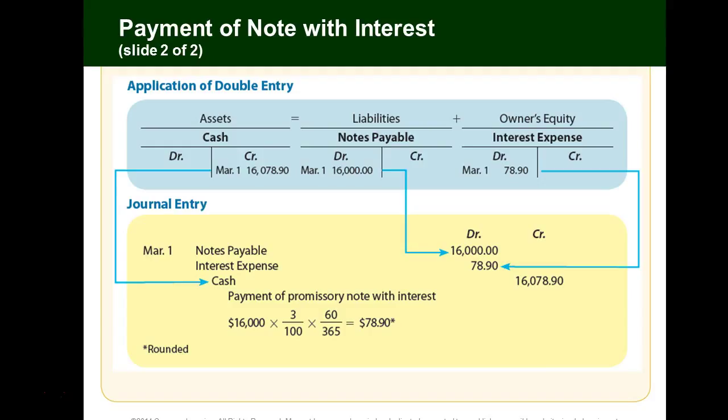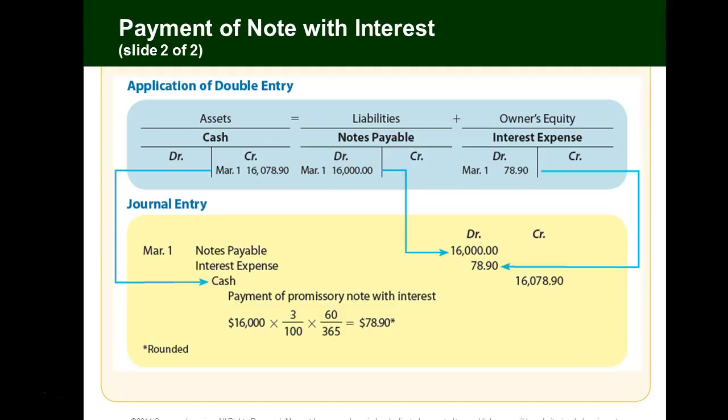We're not going to pay 3% for just 2 months; we're paying 3% over a year. So we need to determine how much we're really paying in interest for 2 months, or 60 days. If we take $16,000 times 3% times 60 divided by 365 days in a year, we come up with $78.90 of interest. Okay?